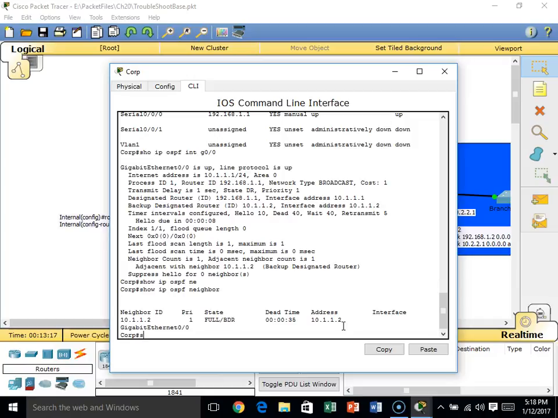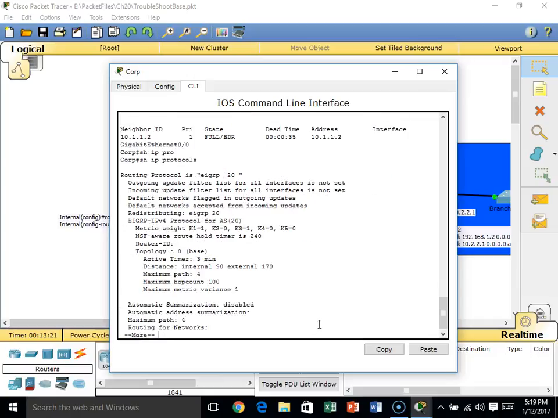Oh, I know what he did. We're going to show IP protocols. When we do that, you notice that this thing has an EIGRP network running on it. I'm not sure he did all these things in sequence, because if you look in the book, his show IP protocols doesn't have EIGRP running on it.